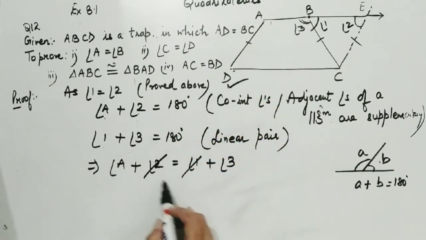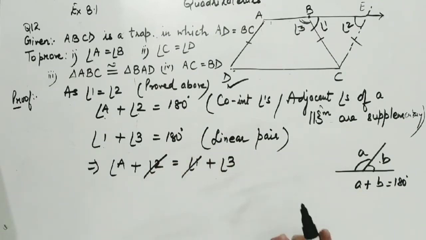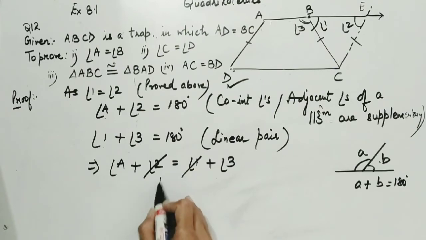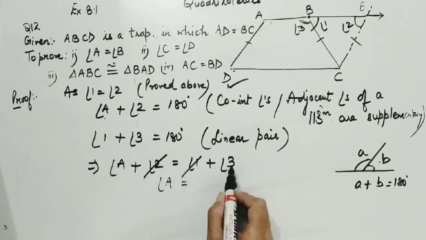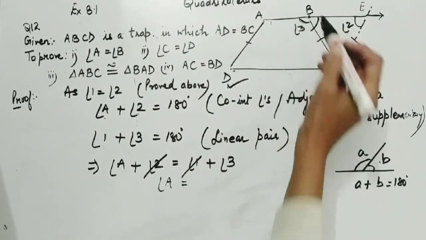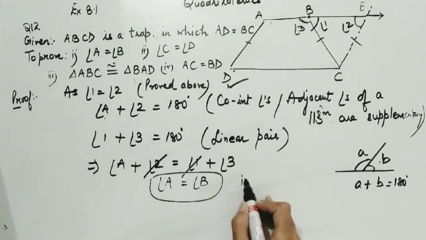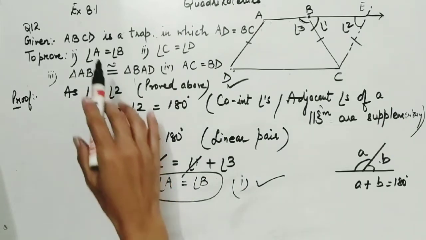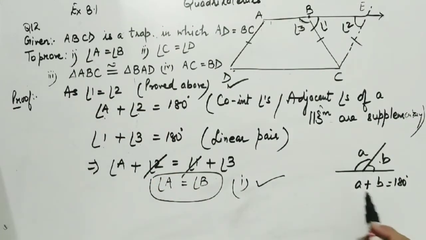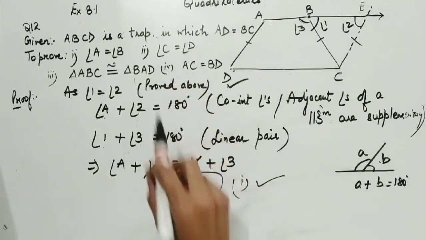From there we can cancel these two equals, subtracted from equals, remainders are equal. We have done this. So what is left with us? A is equal to angle 3. What is 3? 3 is actually angle B. So hence your first part is proved, which demanded A and B to be equal. Similarly, we would do for C and D.